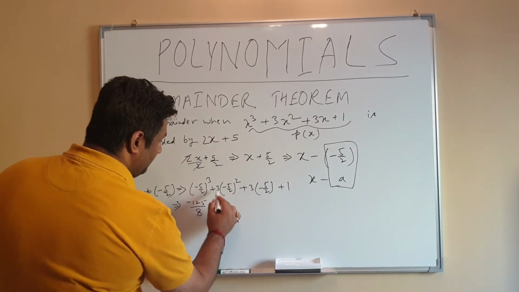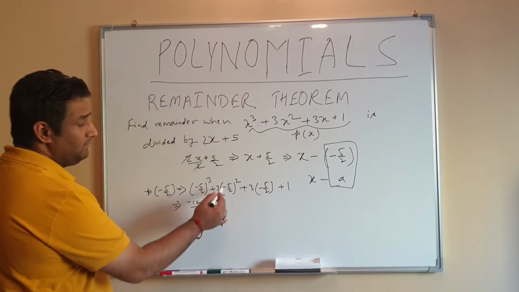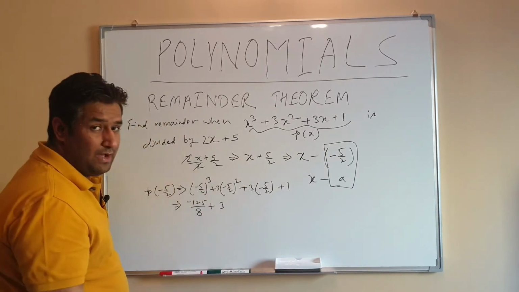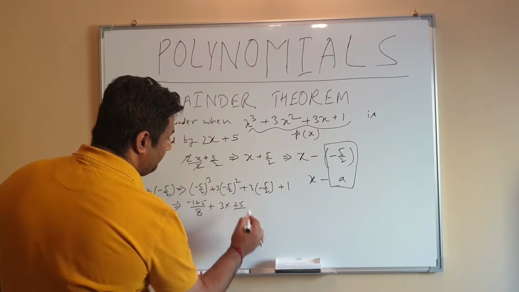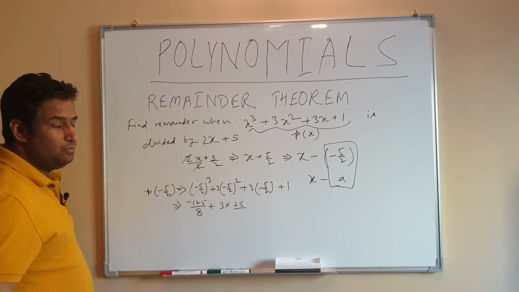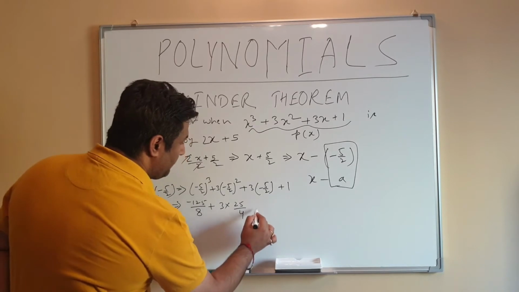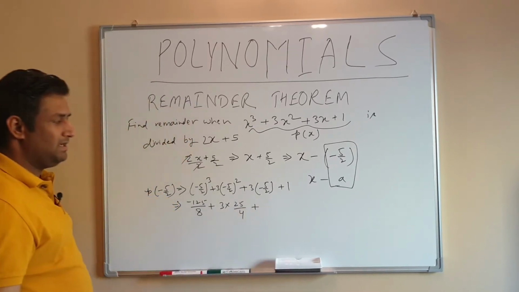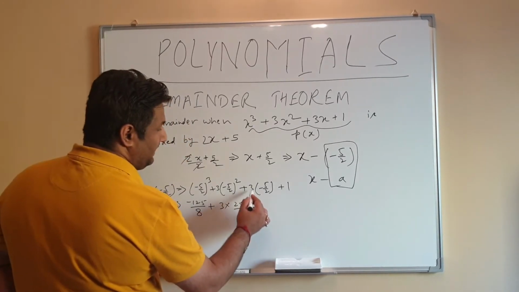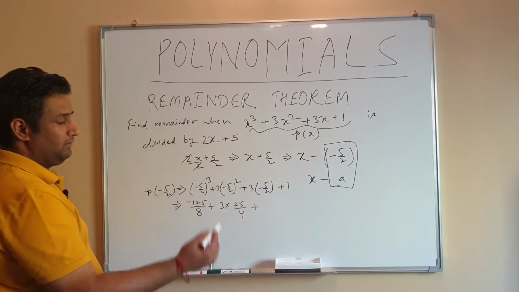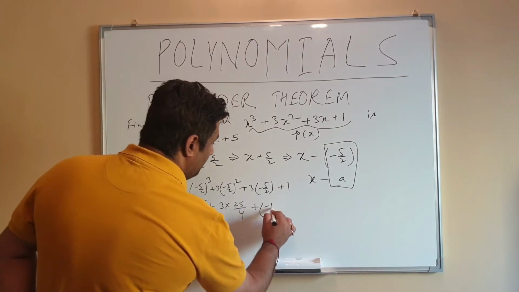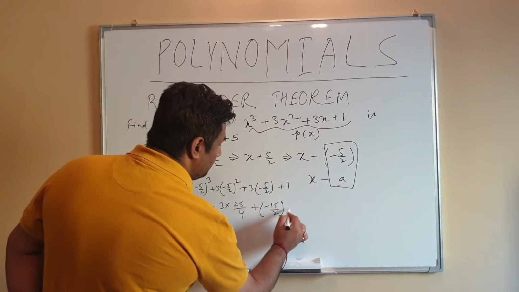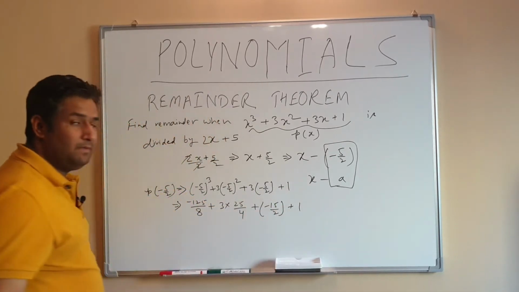Now plus 3 will come as it is. Now negative 5 over 2 square: negative 5 times negative 5 is going to be 25 over 2 times 2, which is 4. Then again plus, now 3 times negative 5 over 2 is going to be negative 15 over 2, and plus 1 will come as it is.